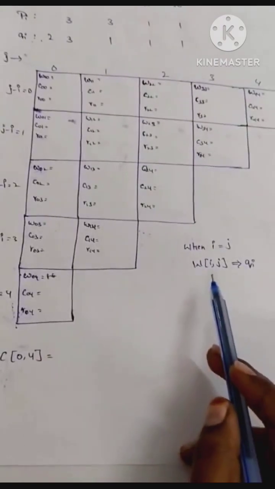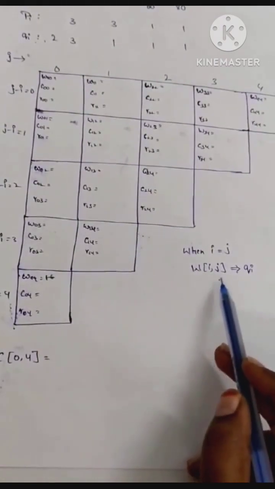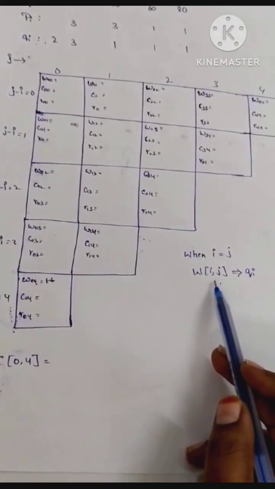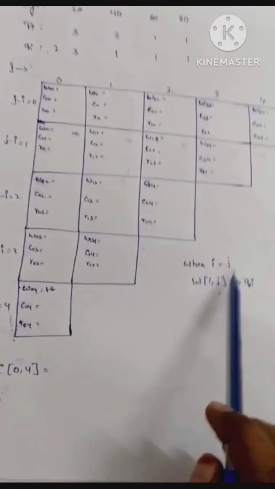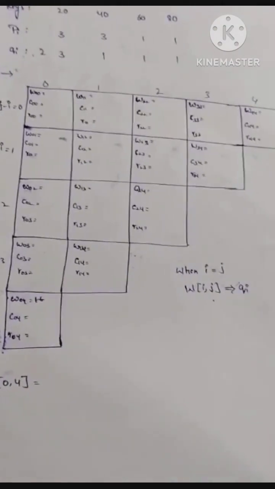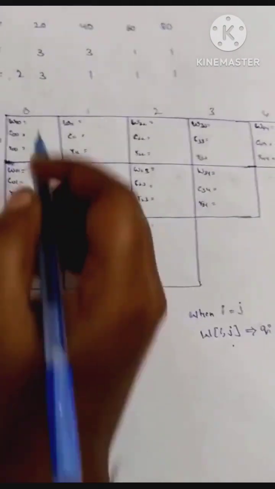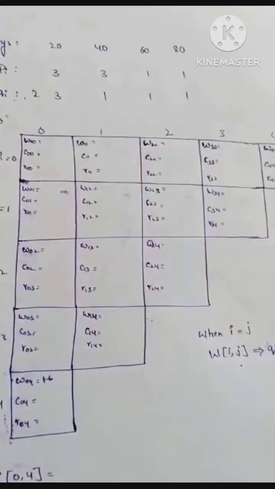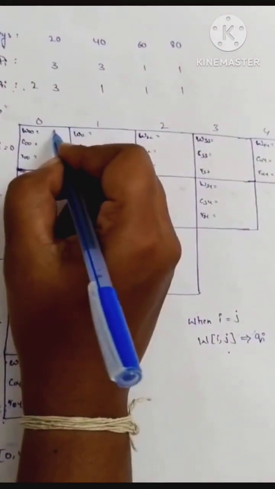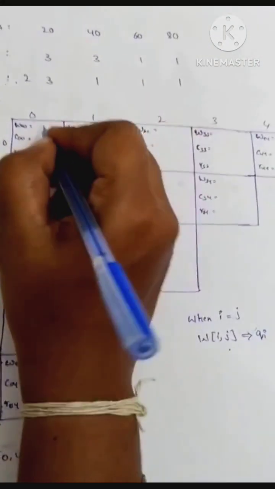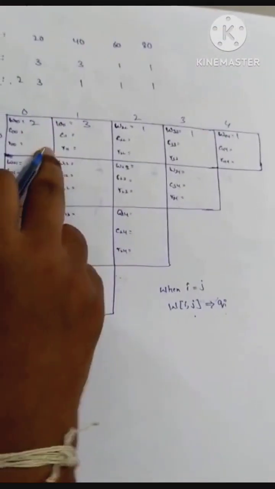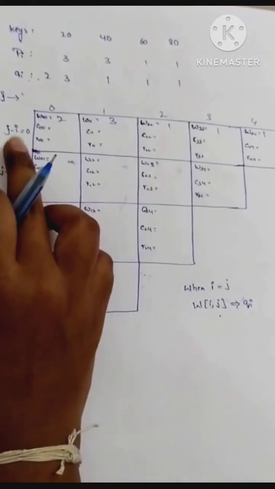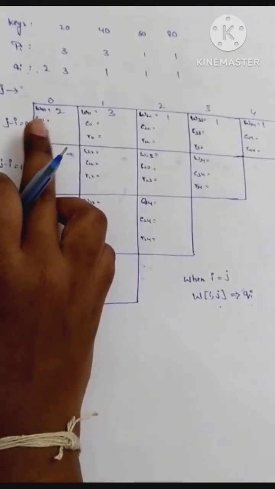When the value of i equals j, the weight of the given keys is equal to the probability of its failure. By this we get the weights as 2, 3, 1, 1 and 1, same as the probabilities of failure, as here the value of i is equal to the value of j.